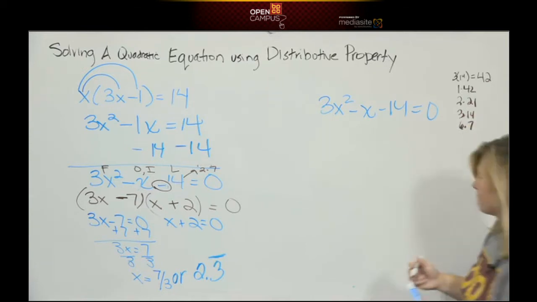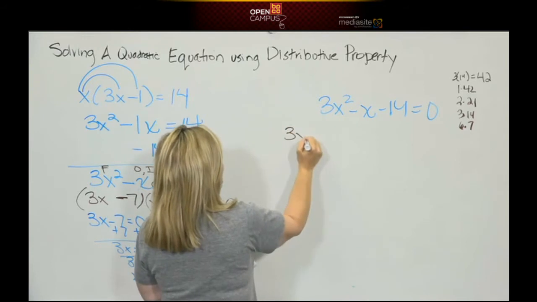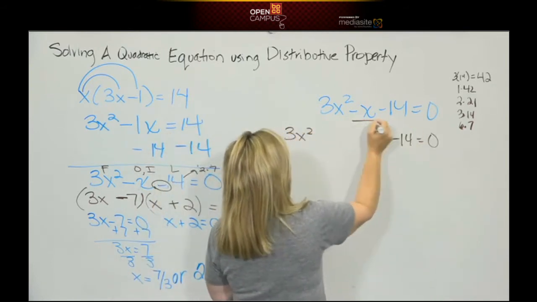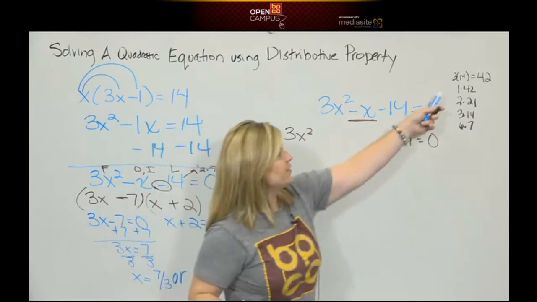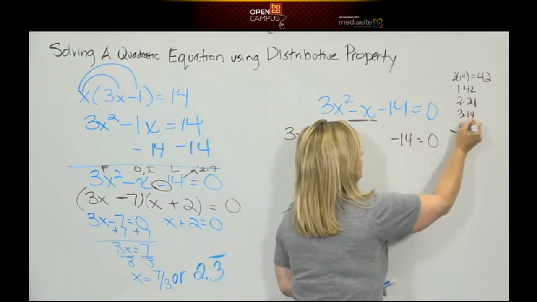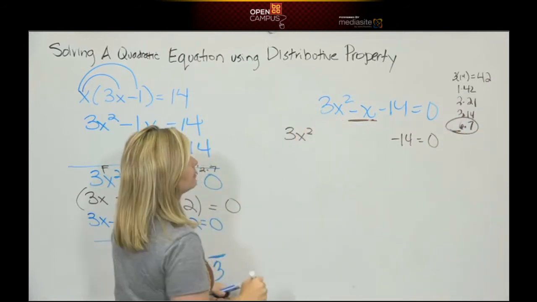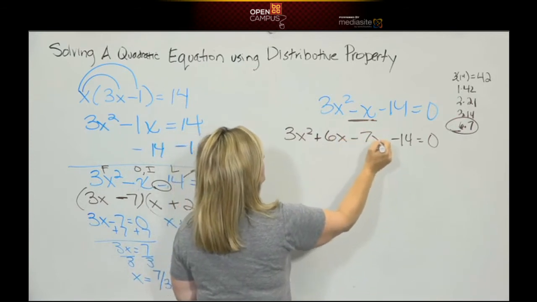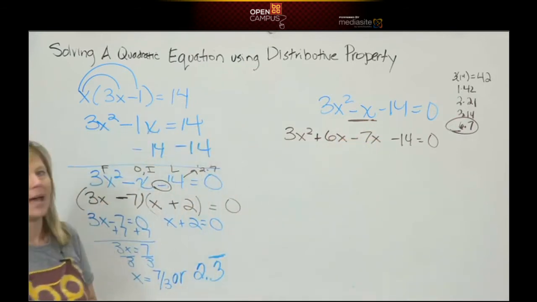All right? We're going to leave our term 3x squared. We're going to leave our term negative 14. We're going to replace which of these factors subtract to give us a negative 1x. It'd be that, 6 and 7. So if I had a positive 6x and a negative 7x, I'd get a negative 1x.